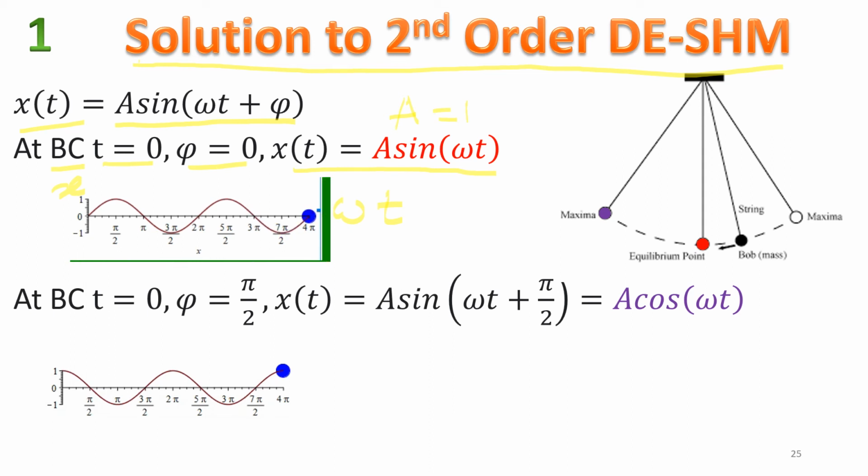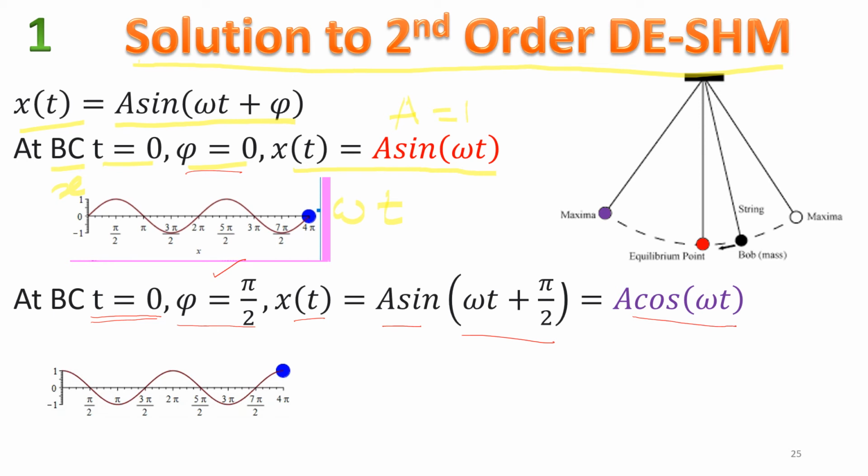Then when t is equal to 0, I am talking about another boundary condition. When t is equal to 0, the phase angle is pi by 2. Instead of being 0, it is pi by 2 now. So x of t will be equal to a times sine of omega t plus pi by 2, and sine of omega t plus pi by 2 is simply cos of omega t.